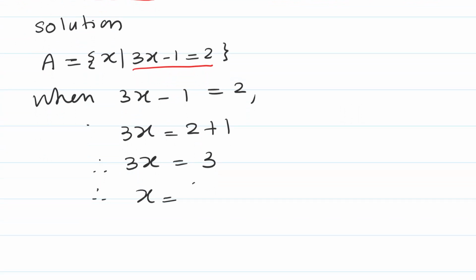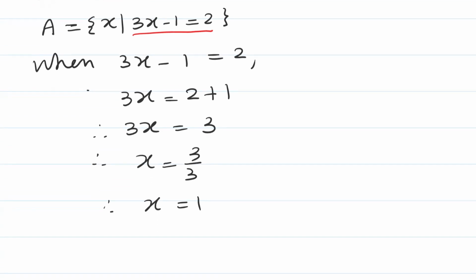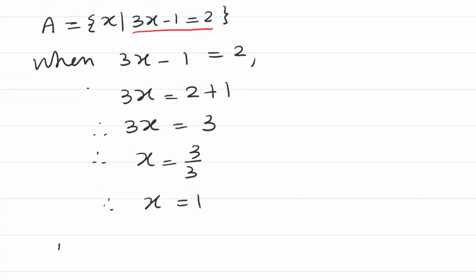Therefore x is equal to 3 upon 3, that is 1. So only one number will satisfy condition 3x minus 1 is equal to 2. So A set is singleton set.